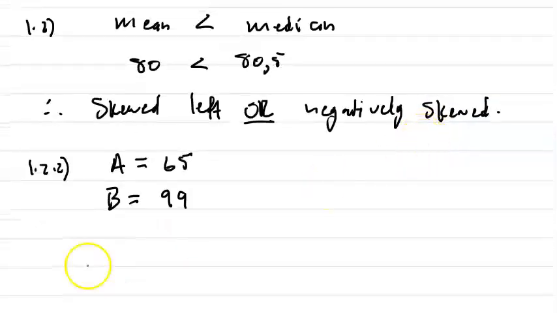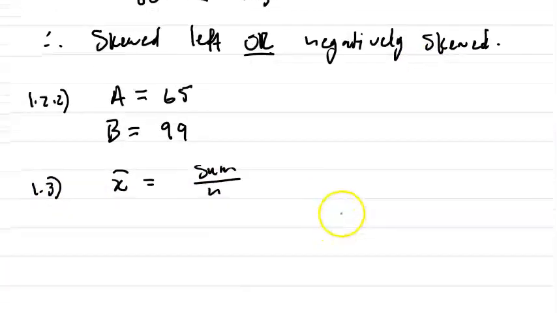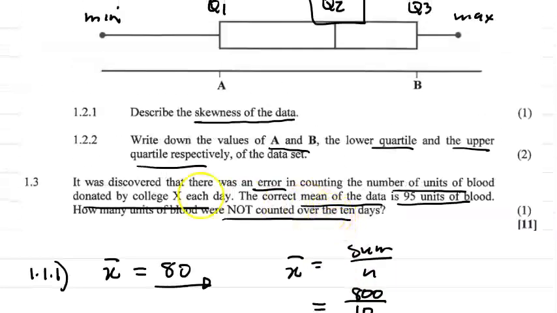So in 1.3, remember that mean is equal to the sum over the number of values. So what are they asking us here? They say it was discovered that there was an error in counting the number of units of blood donated by College X each day. The correct mean of the data is 95 units of blood. How many units of blood were not counted over the 10 days?